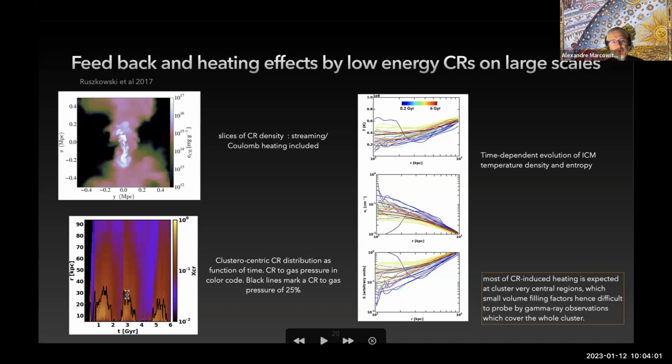This is the black line here, as a function of time and radius. And this could modify strongly the properties of the center of the cluster with time, so the temperature and the density, and, as well connected with turbulence generation, the entropy.